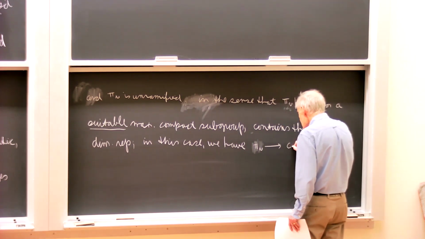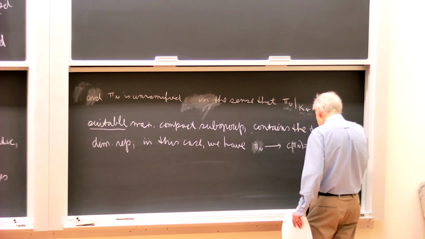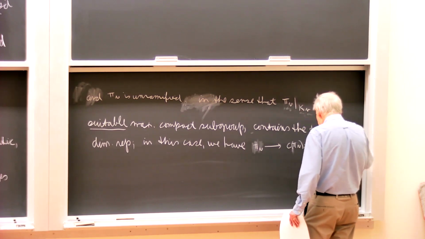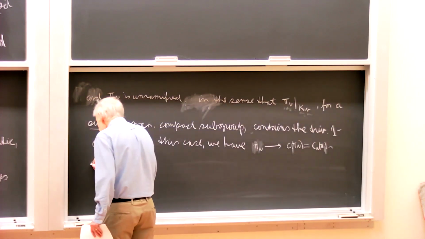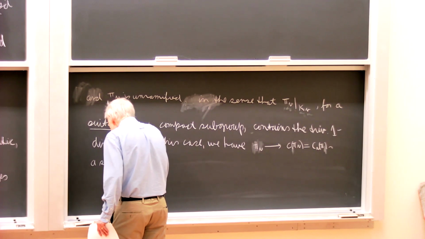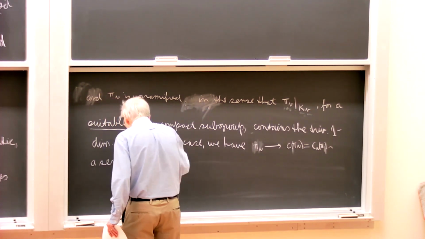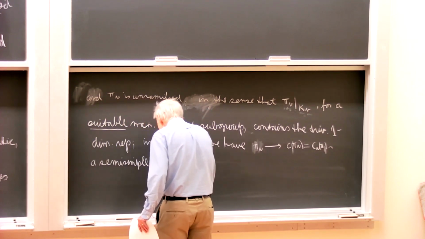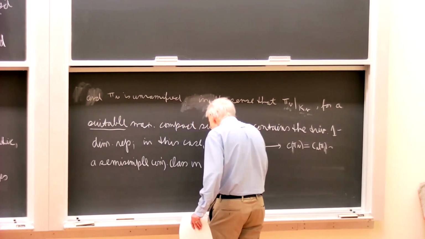We get c of pi v, or c_v of pi. And this is a semi-simple conjugacy class in the L-group.